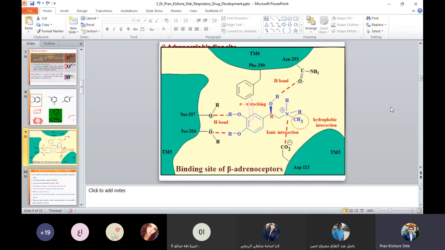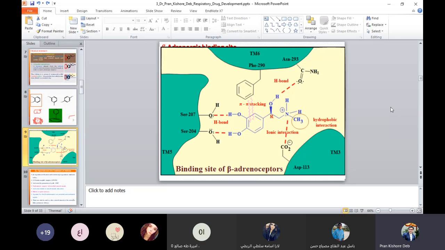This is the first point. And the second point: what type of interaction is shown by this alkyl group? It's a hydrophobic interaction, because they fit into the hydrophobic pocket of the receptor.